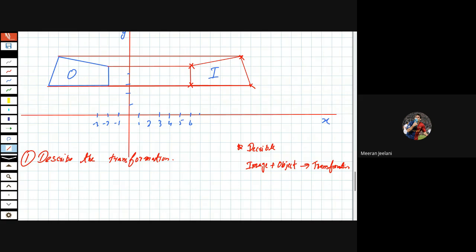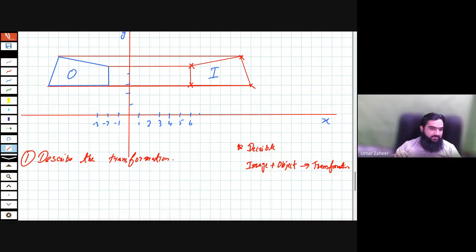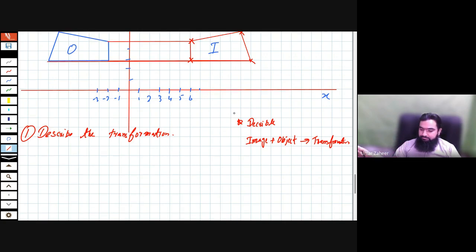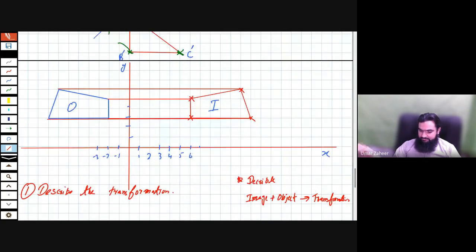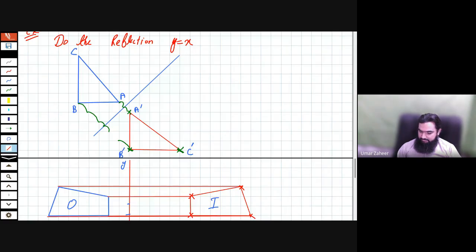They are parallel. We have to do it here. Let's say if you are going to meet the corresponding points here, it's B, it is A, it is C. So look at here. What you can see here, when you meet the corresponding points, the lines are going to be parallel.